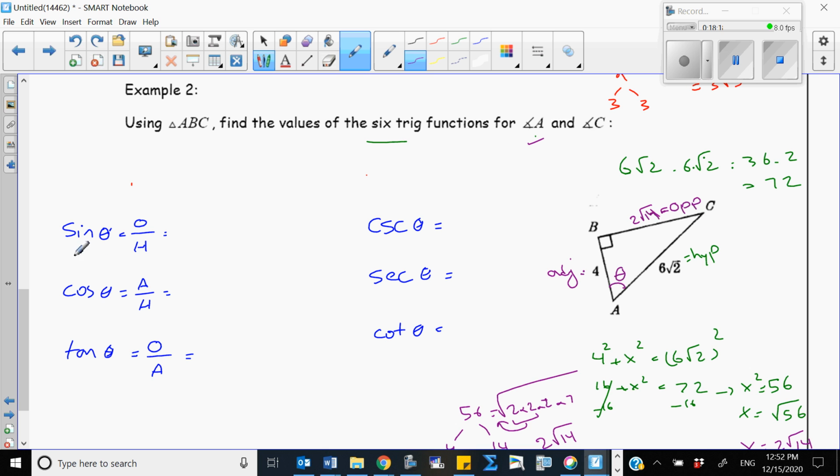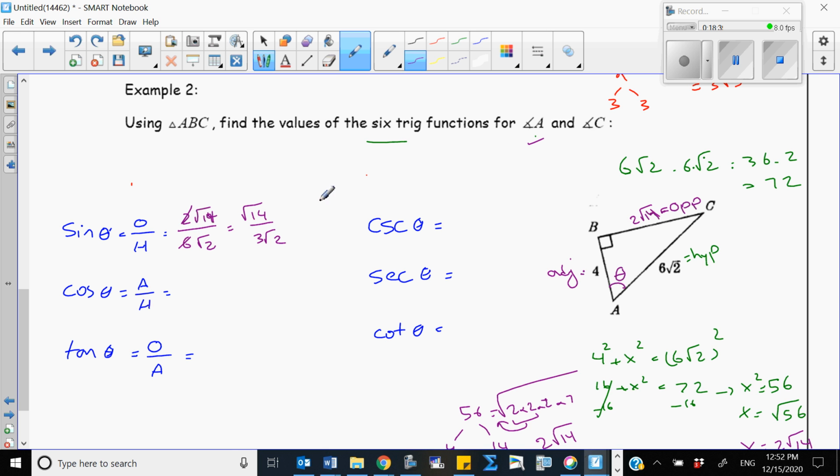Now, sine is opposite over hypotenuse. So it will be 2 radical 14 over 6 radical 2. If I simplify, it will be radical 14 on top and 3 radical 2 here.